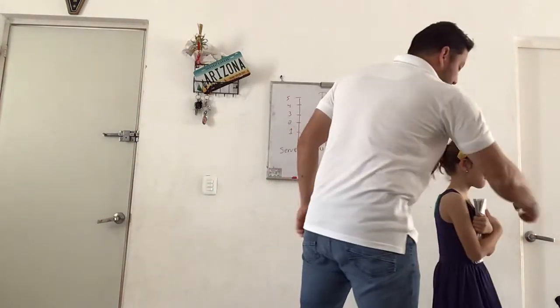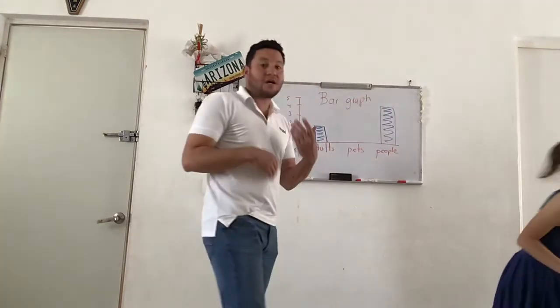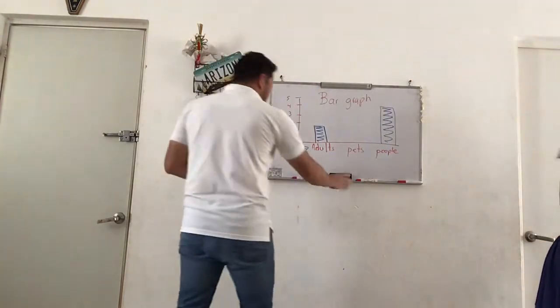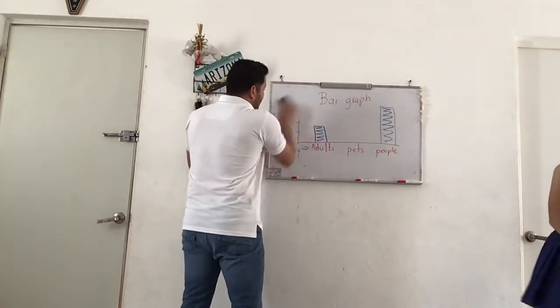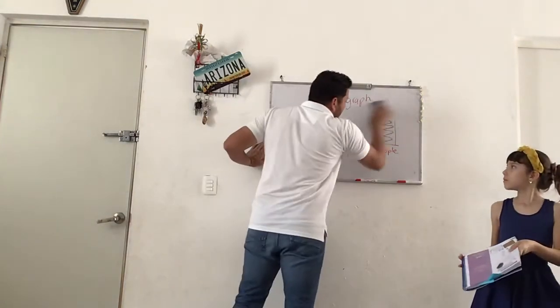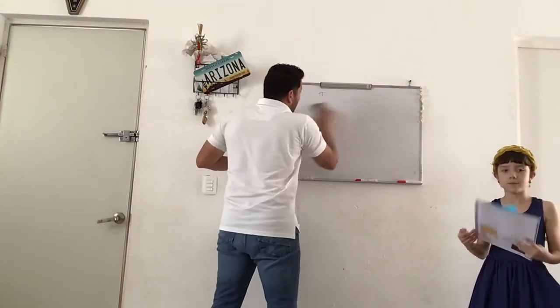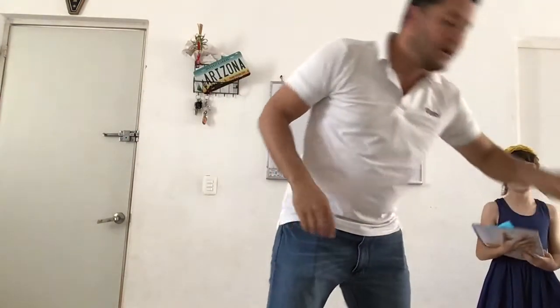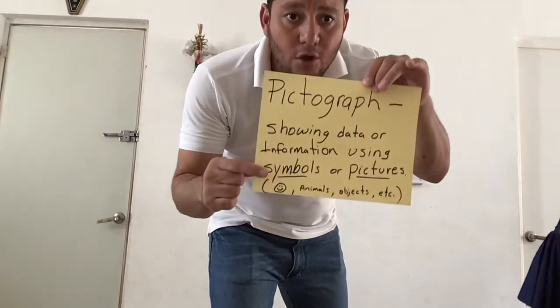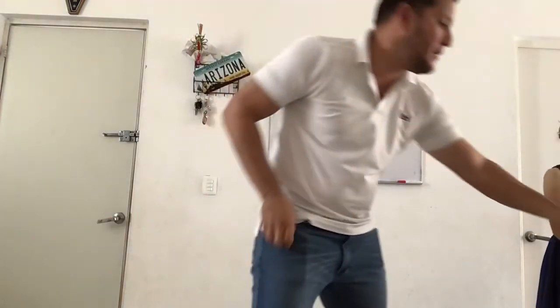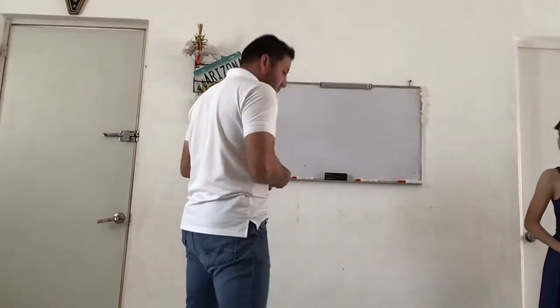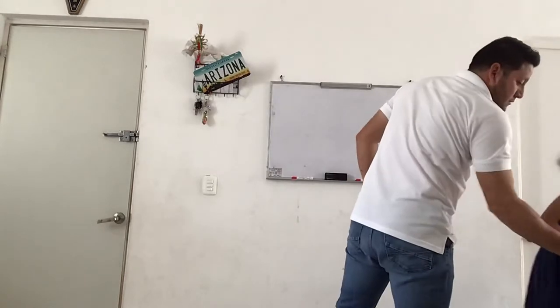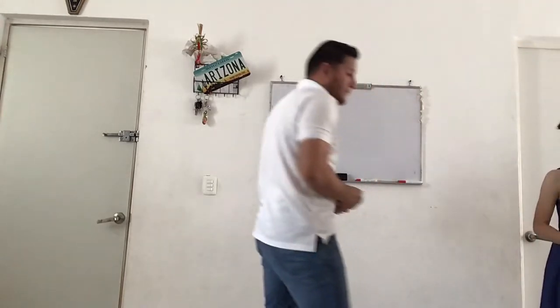And please grab those. Leave your book. We're going to make another example, guys, real quick. Another example of a graph, but this time we're going to make a pictograph with symbols or pictures, okay? Pay attention, please, guys. Okay, listen.